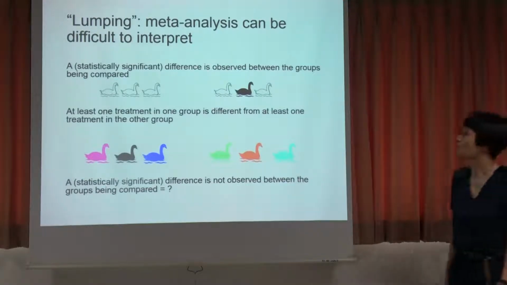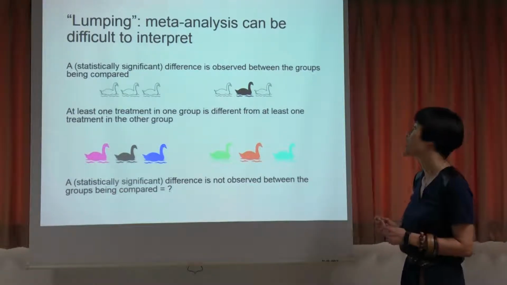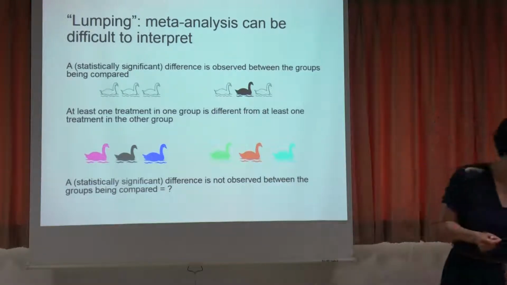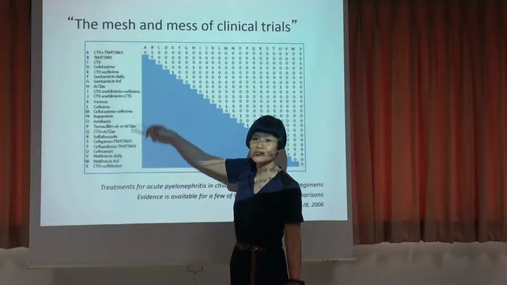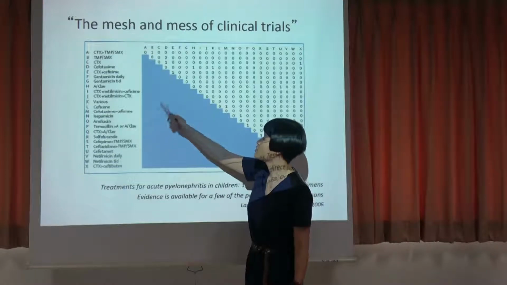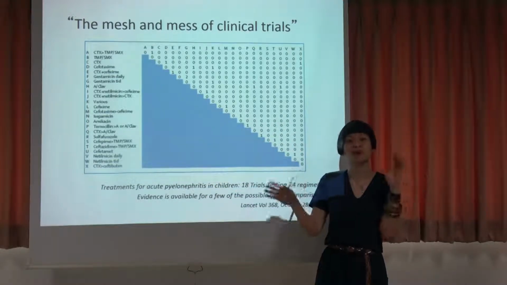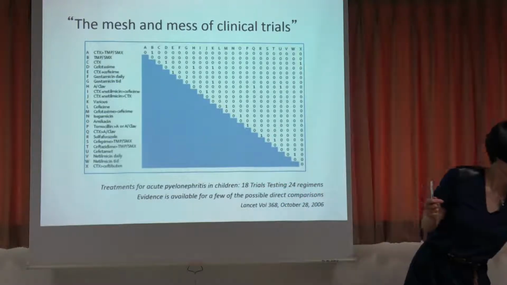So what can we do in that situation? One option is about lumping things together. So often people in this situation would think about grouping these together into smaller groups. So you might end up lumping them into two broad groups, and then it becomes a pairwise comparison. So that's what we mean by lumping.